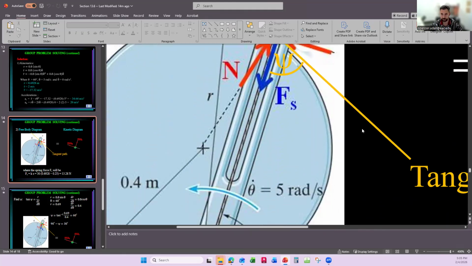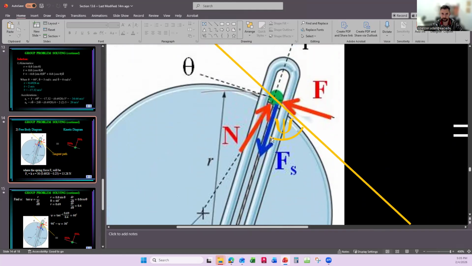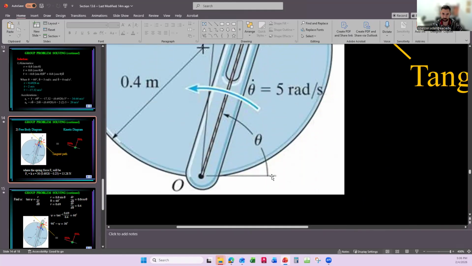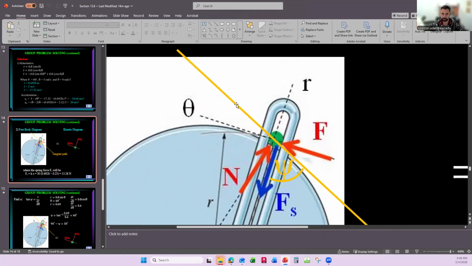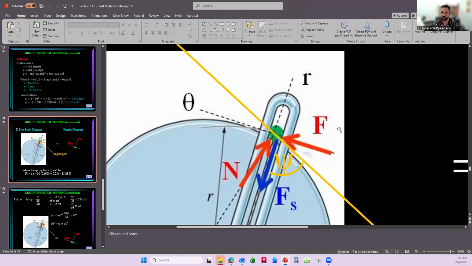This isn't 60 degrees. 60 degrees is what theta is. What we care about for the tangent path, though, is just that it's tangent to the pathway of the particle, which would be going around the circle. So draw that on there. And now that's going to help us come up with the directions of everything else.